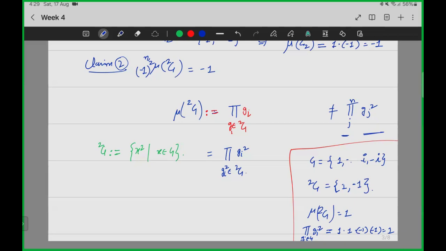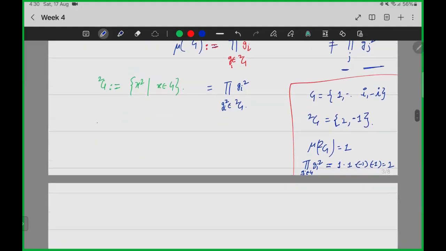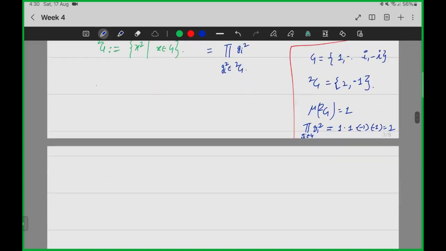So if you see, 2G is also a subgroup, right? Yes. So it is in fact a group. For any group, we have just seen that mu of G is the same as mu of G2 from part A, right?